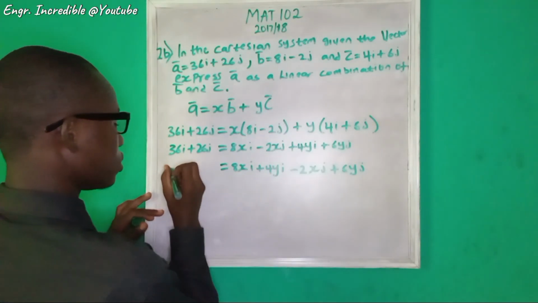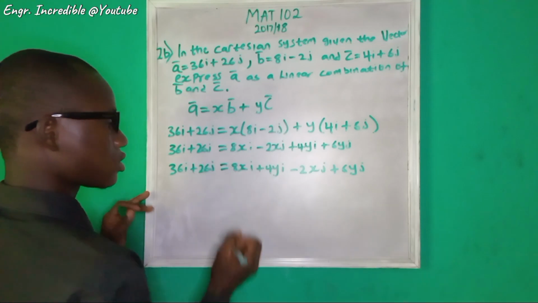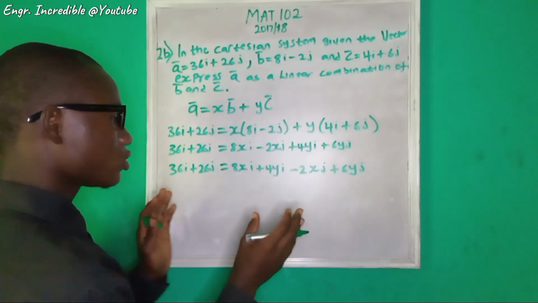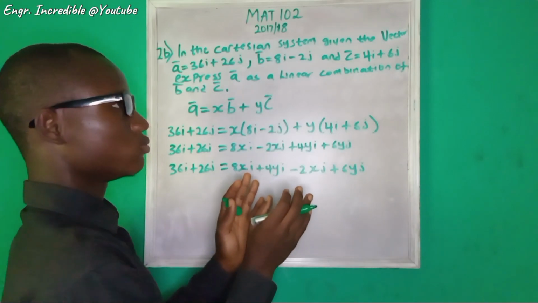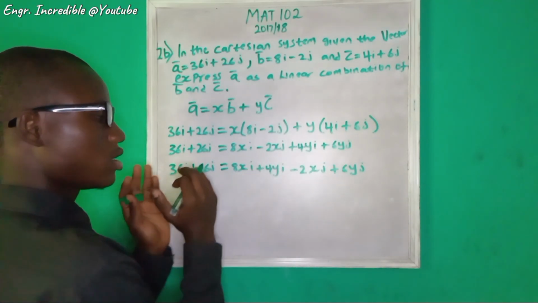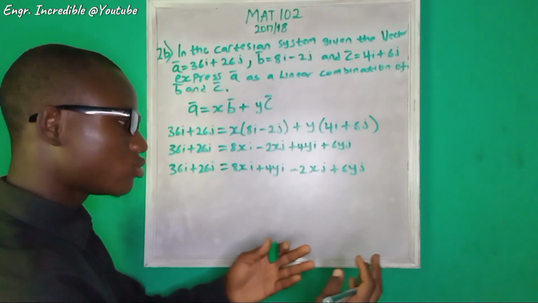So now this equals 36i plus 26j right here. Now we are going to pick the ones that are similar. The value for i on this side is 36. The value for i on this side is 8x plus 4y. So we bring it out.